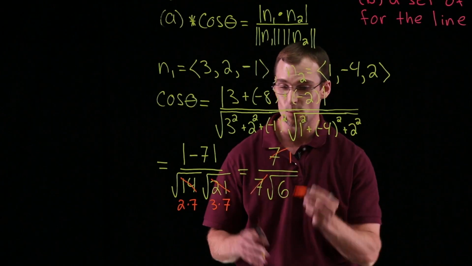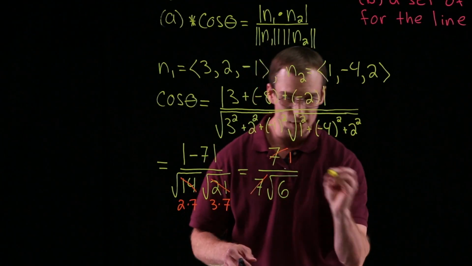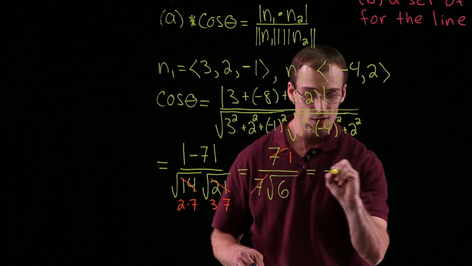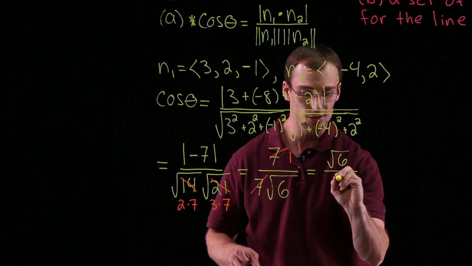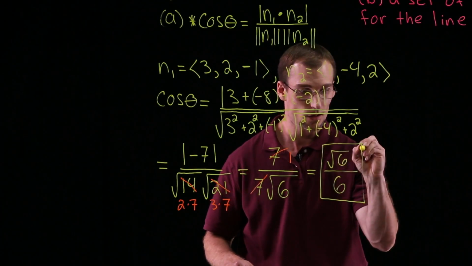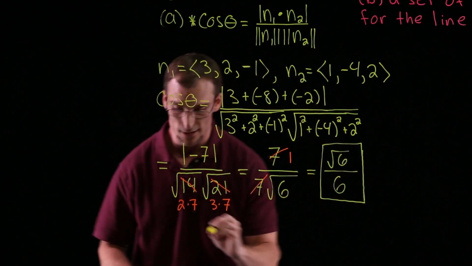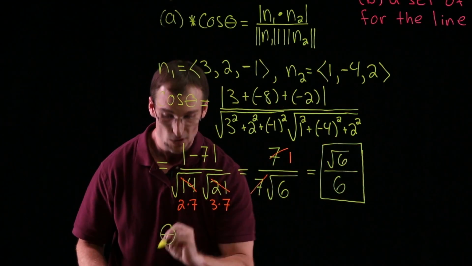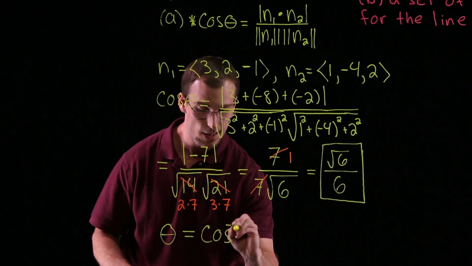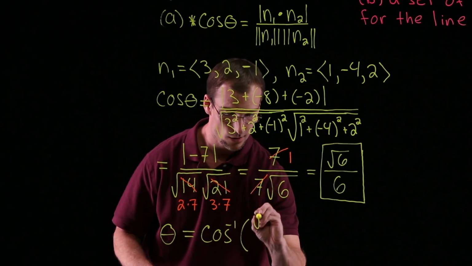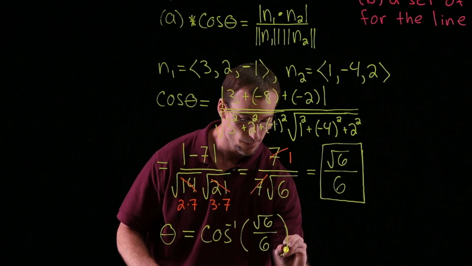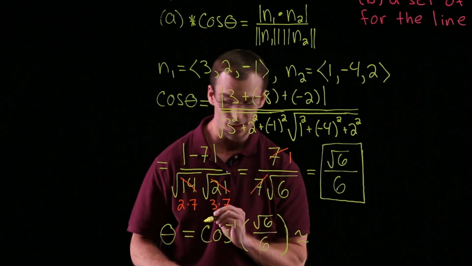So that's our cosine of theta. We could leave it like that, but we can rationalize the denominator by multiplying top and bottom by the square root of 6. This would give us the square root of 6 over 6. So there's the cosine of theta. What we want is the angle theta itself. So theta is going to be equal to the cosine inverse of our value, root 6 over 6.